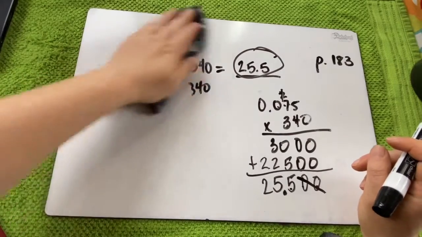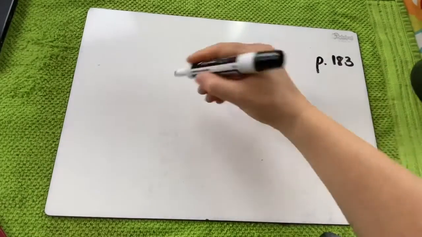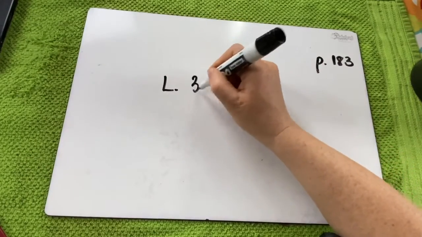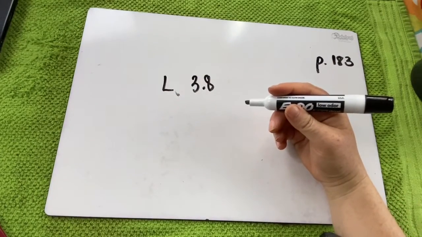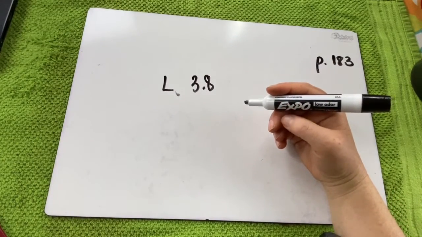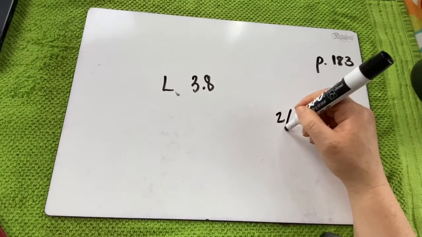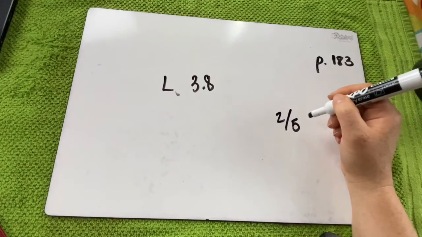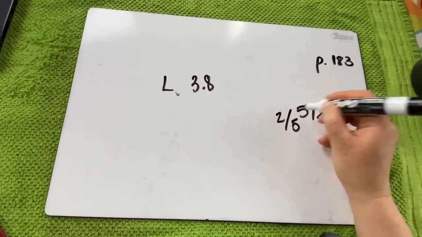So that's kind of how you do it today. I'm going to try to pick easy ones for you guys to do. So we're doing lesson 3.8. And you guys are going to do, remember you divide on these, $2 divided by 5. And this is $2 divided by 5, like that.